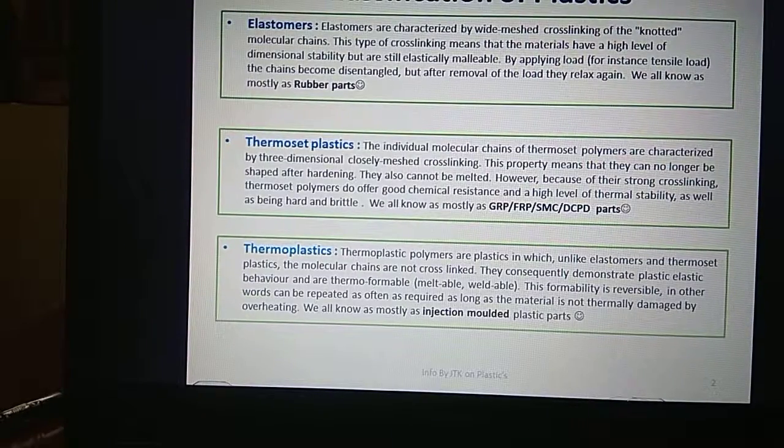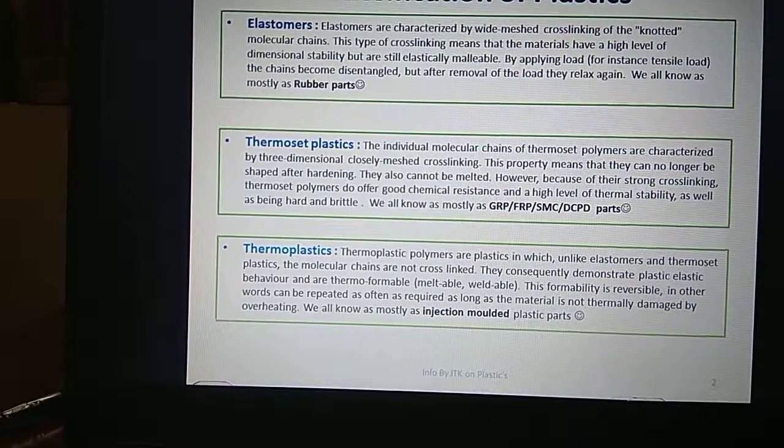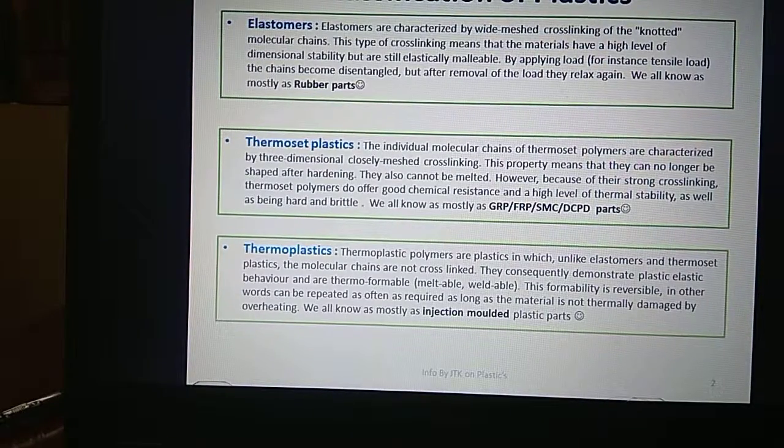That means you can melt them and weld them. This formability is reversible. In other words, it can be repeated as often as required, as long as the material is not thermally damaged by overheating.